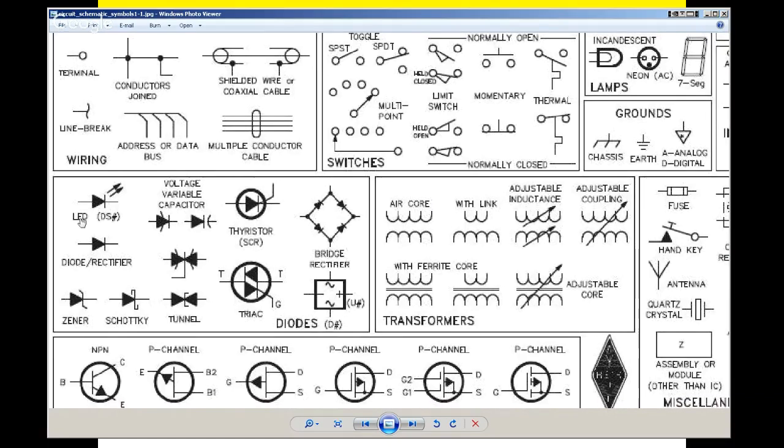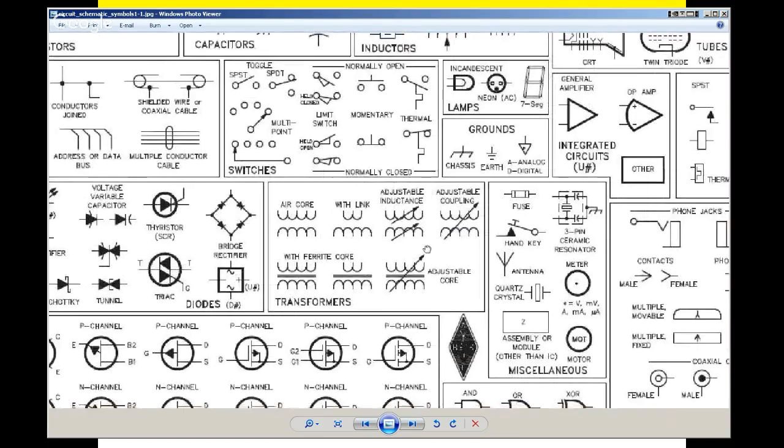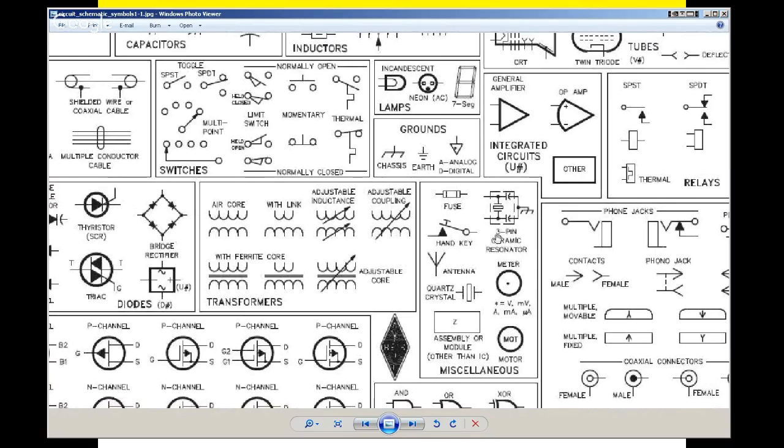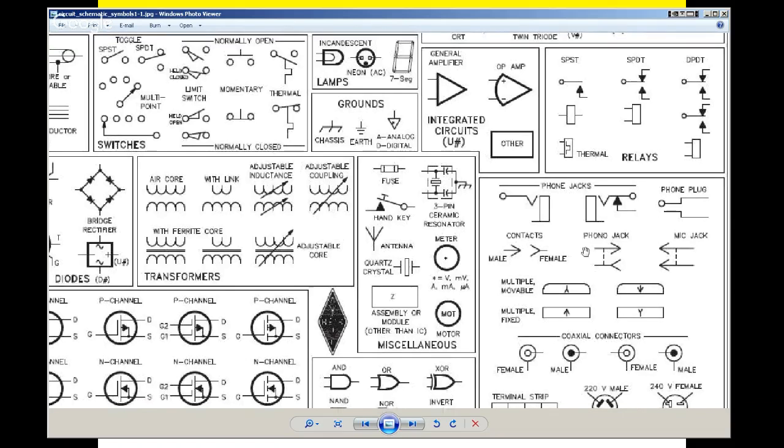And then over here we have, of course, our diodes, different types of diodes that are available out there, the Zener, Schottky, tunnel, LEDs. LEDs are just a light emitting diode, bridge rectifiers, things like that. Transformers. I'm going to talk a little bit about that this evening as well. Some miscellaneous stuff, fuses, ceramic resonators, antennas, things of that sort. And then phone jacks.